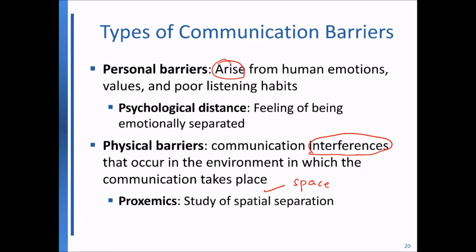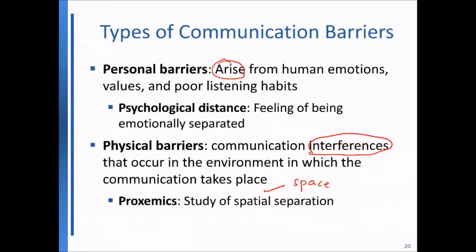Now, another example of a physical barrier is the normal noise. You are talking in an environment where it is very noisy. The noise there is actually the physical barrier. Why can't you understand each other?